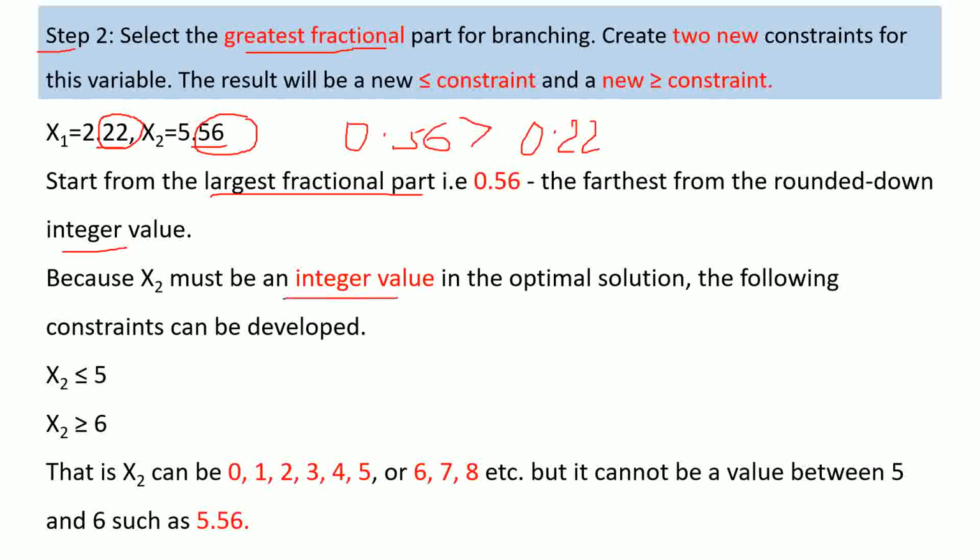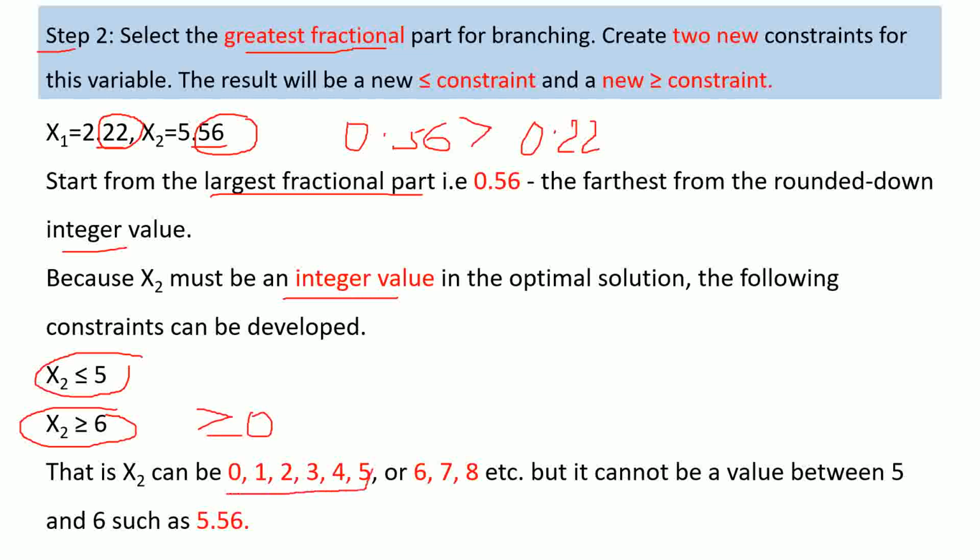In the optimal solution, the following constraints can be developed. That is, either x2 less than or equal to 5 or x2 greater than or equal to 6. When x2 is less than or equal to 5, remember all the decision variables have non-negativity, so x2 can be 0, 1, 2, 3, 4, 5.